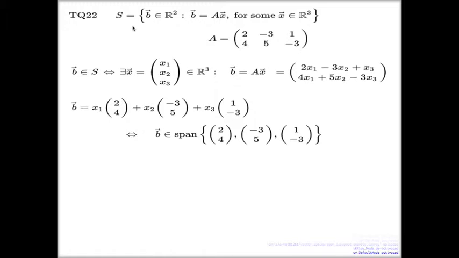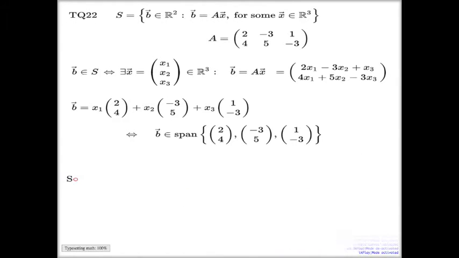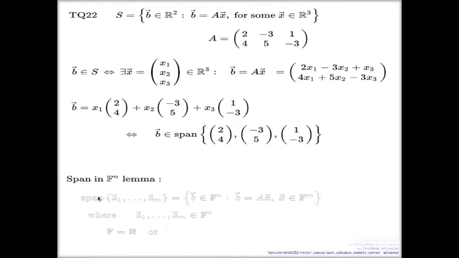Now I can make a general observation, that's the name I'm going to use to refer to this thing. It's called span in fn lemma. And that's the general observation which is inspired by the way we did this example just now. That's how I can generalize the method we just discovered with you.